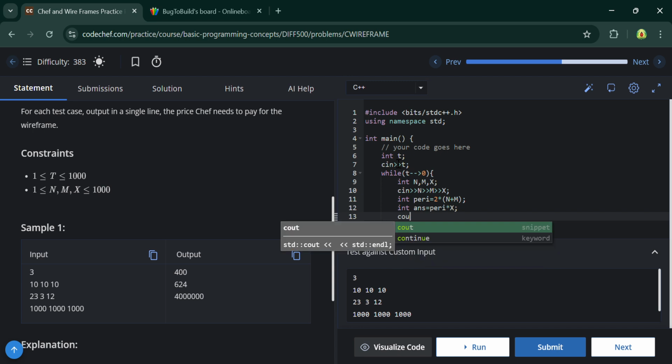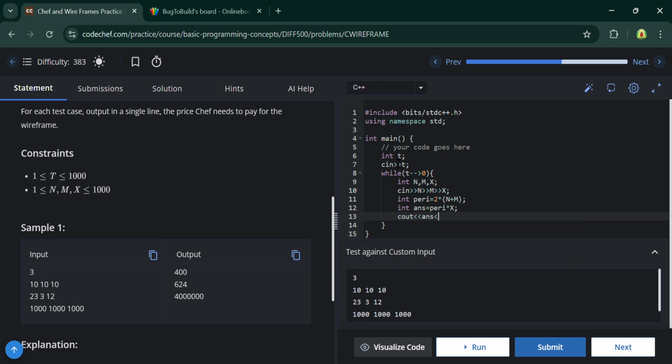After this you just have to do cout answer.